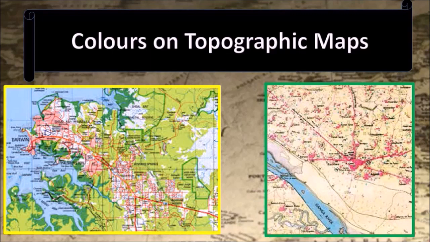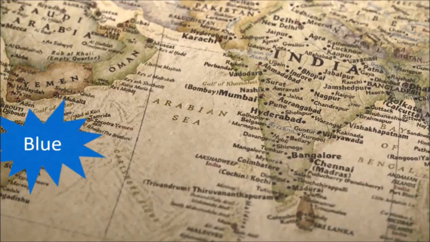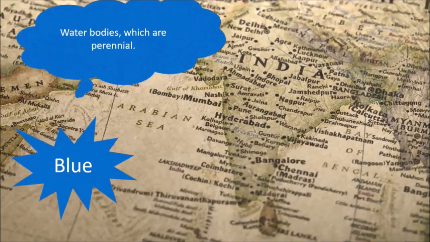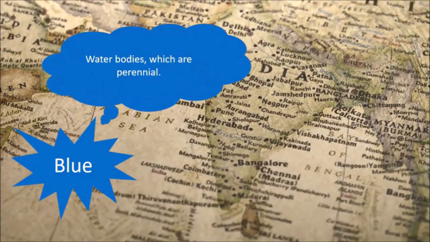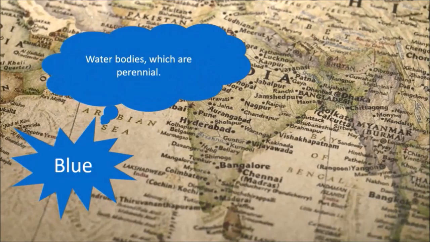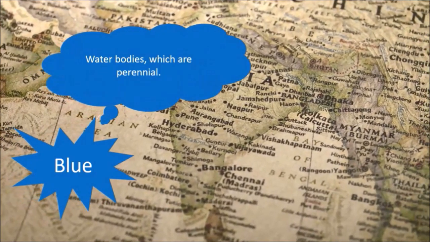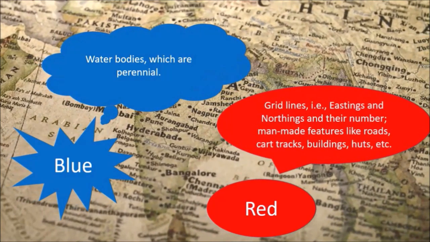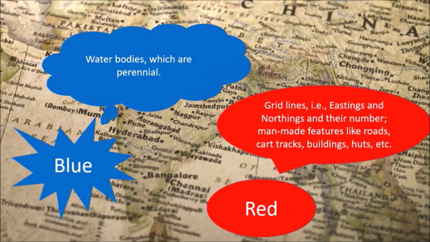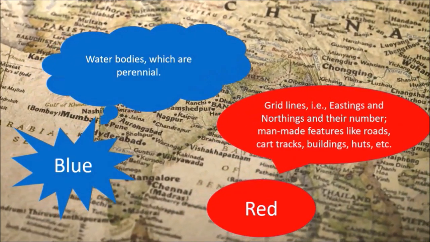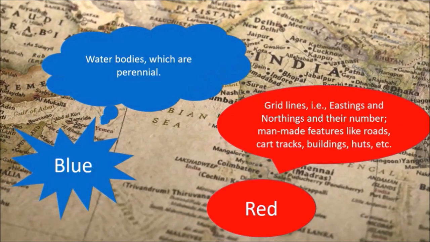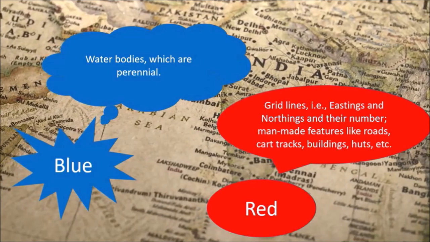The details are as under. The blue color is used to show all physical features associated with water bodies which are perennial. The red color is used for grid lines, that is eastings and northings, and their number, man-made features like roads, cart tracks, buildings, huts, etc.